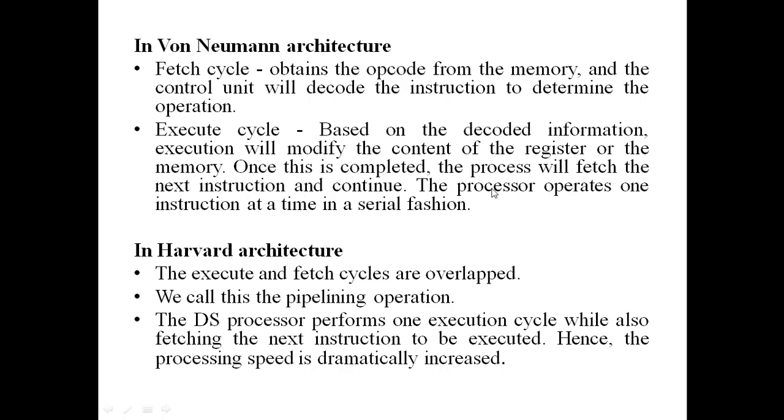The processor operates on one instruction at a time in a serial fashion, so that's why von Neumann architecture is a bit slow. Whereas in Harvard architecture, the execution and fetch cycles are overlapped, and we call this pipelining operation. The digital signal processor performs one execution cycle while also fetching the next instruction to be executed. Hence, the processing speed is dramatically increased.